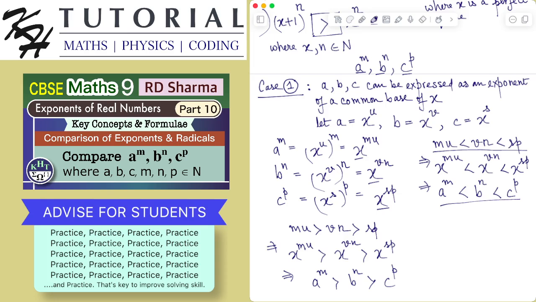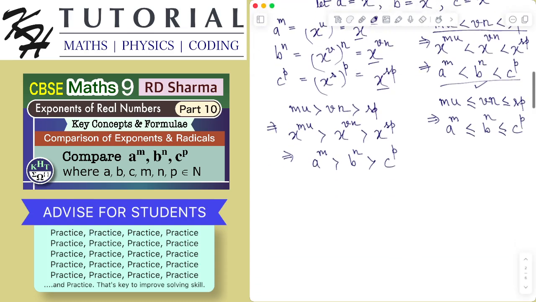Now in this less than and greater than operator, if instead of less than we have less than or equal to, then it will also reflect here. I mean, if we find that m is less than or equal to n is less than or equal to p, then this will imply a to the power m will be less than or equal to b to the power n will be less than or equal to c to the power p.